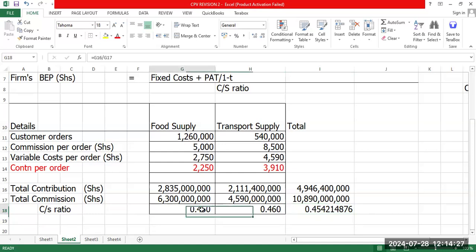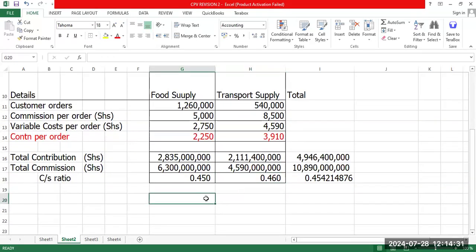Don't say that we get this plus this, because then you realize you're getting different things.